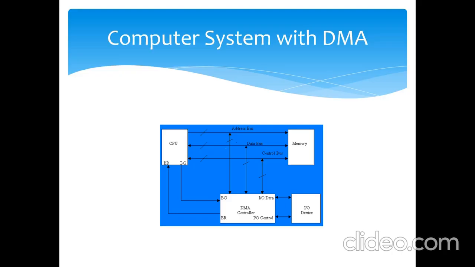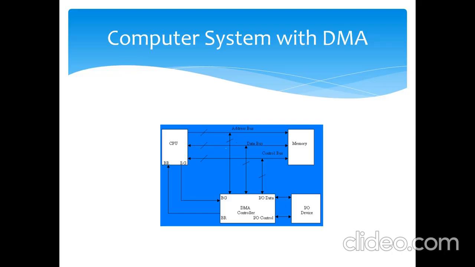Likewise, the control bus transfers data from CPU to memory and memory to CPU. The CPU transfers the bus request to the DMA controller, which processes it inside the controller.